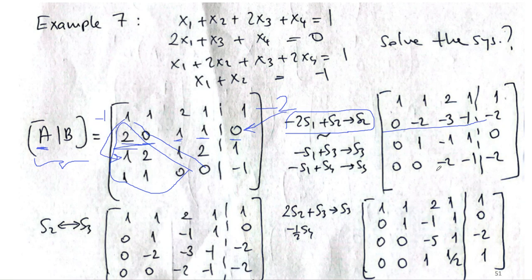So this becomes 0, 1, minus 1, 1, and 0. So we obtain this correctly. And finally, for the last one, we can multiply the first row by minus 1 and then add to the last row, again similarly. So these are 0, 0, minus 2, minus 1, and minus 2 in the last row.